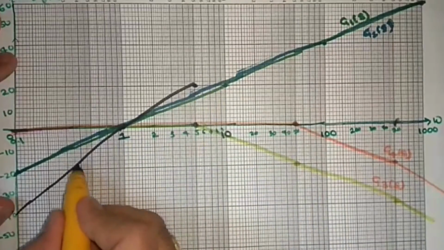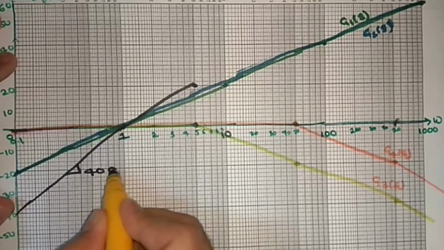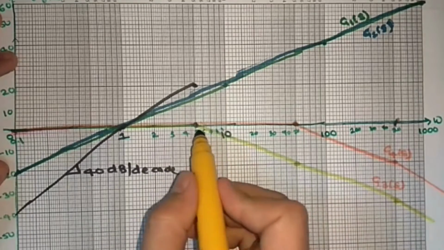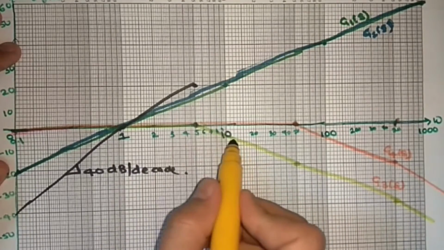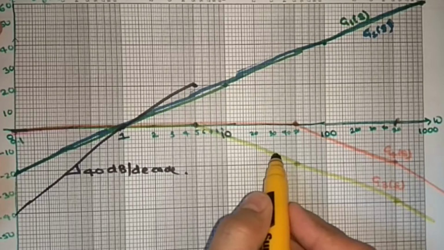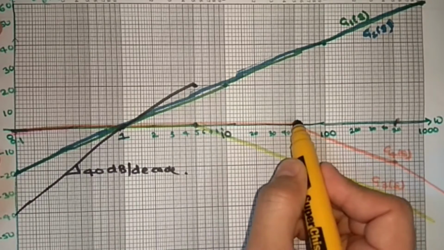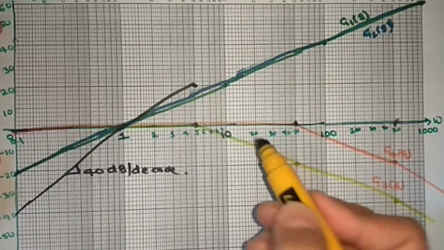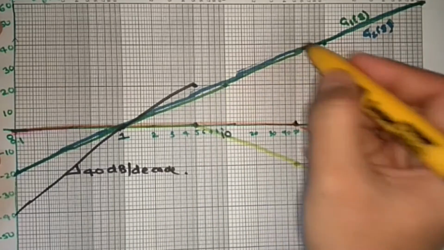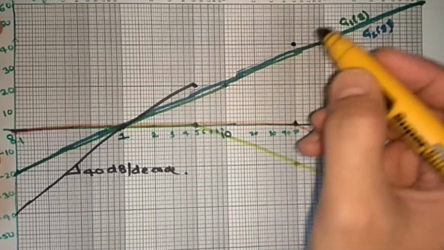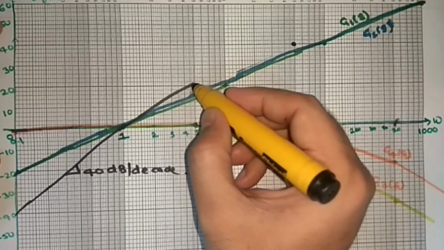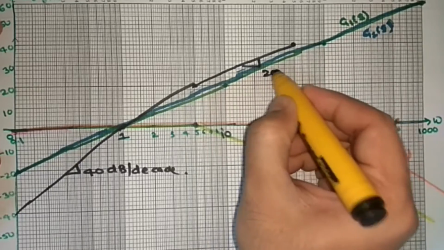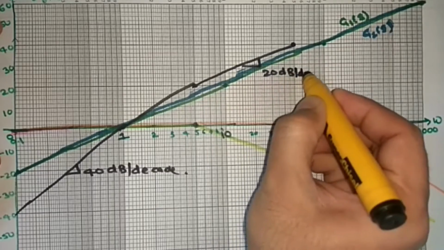Now from here 20 dB is decreasing, right? Up to here. But 40 dB is increasing, 40 minus 20, 20 dB, right? So up to this point, it will be 20 dB per decade.